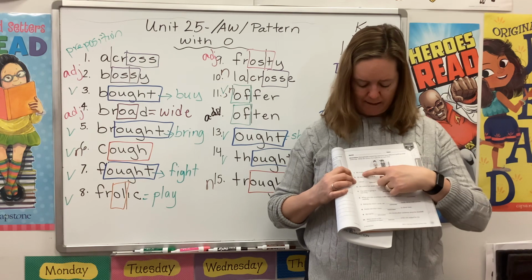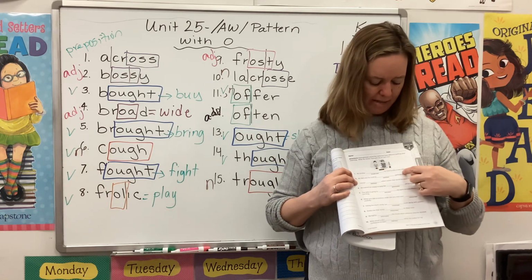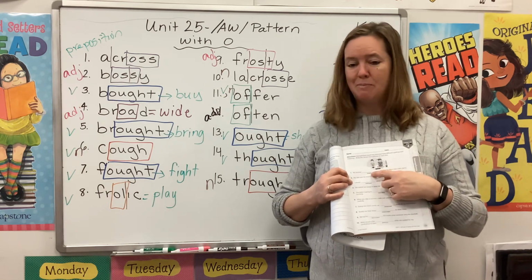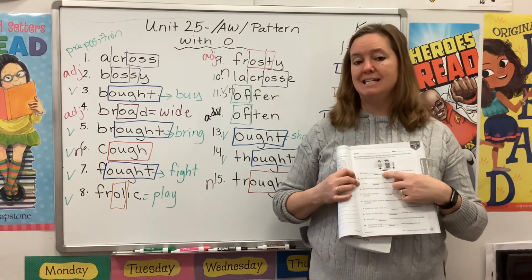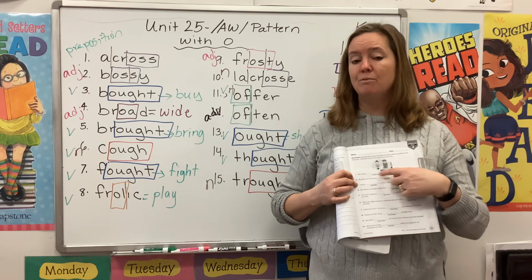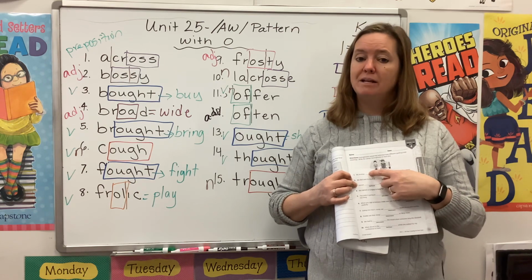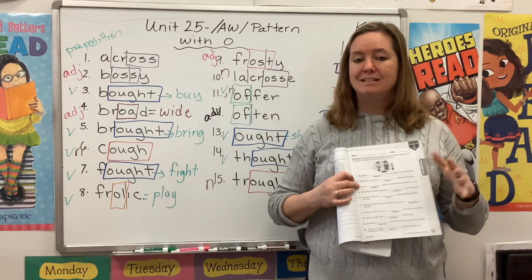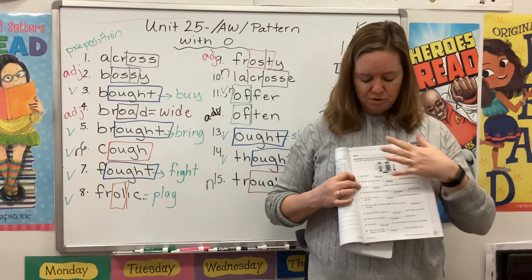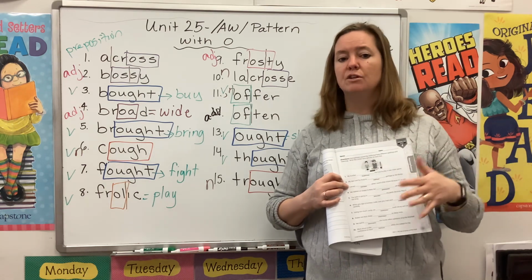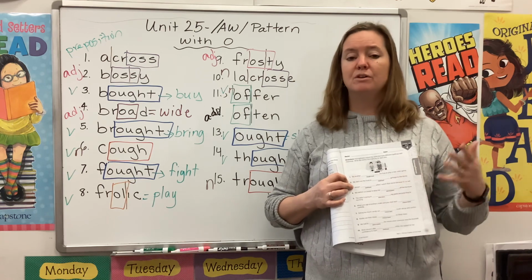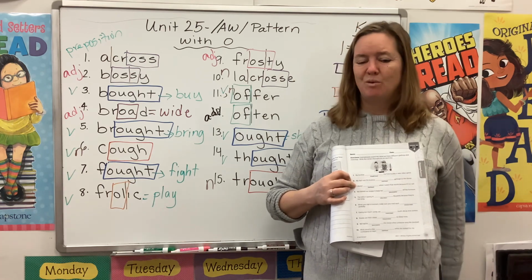So for instance, my brother taught me how to play a new video game. Do we spell it T-A-U-G-H-T or do we spell it T-A-U-T? These are both real words. Only one of them means to teach, okay? So if you're not sure about the spellings, use a dictionary, look it up on your phone or your computer, or ask an adult, okay?